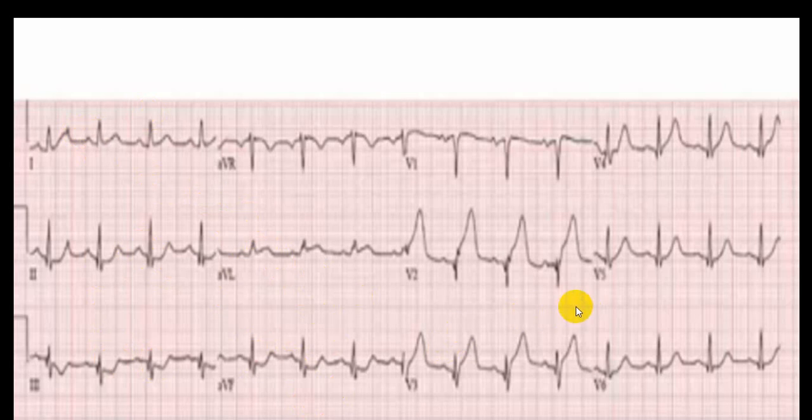Another thing very important, that person will have a severe chest pain, and the changes which you are seeing, this is not concave, plus you are having a tall T wave in V4, V5. This should suggest that this is STEMI.